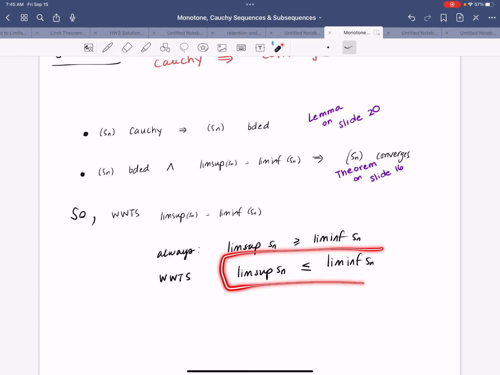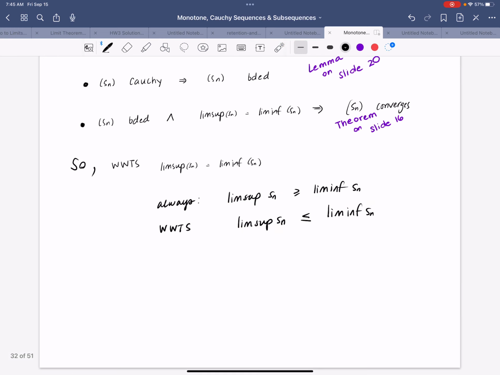So this is what we want to show, and here's how we're going to do it. We're going to show that for every epsilon greater than 0, lim sup is less than or equal to lim inf plus epsilon. So we want to show for every epsilon greater than 0, lim sup of Sn is less than or equal to lim inf of Sn plus epsilon.